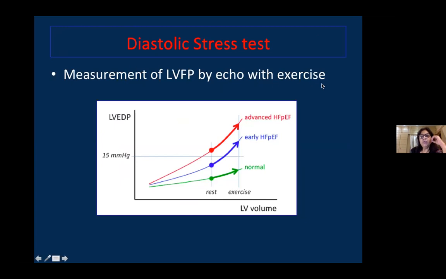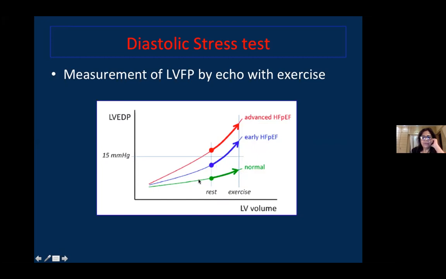Now we will do it with exercise with the help of echocardiography. And this is basically to identify this group of early HFpEF. Look at this graph. See, if the patient is normal, diastolic function is normal, both at rest and at exercise, LV EDP is normal.